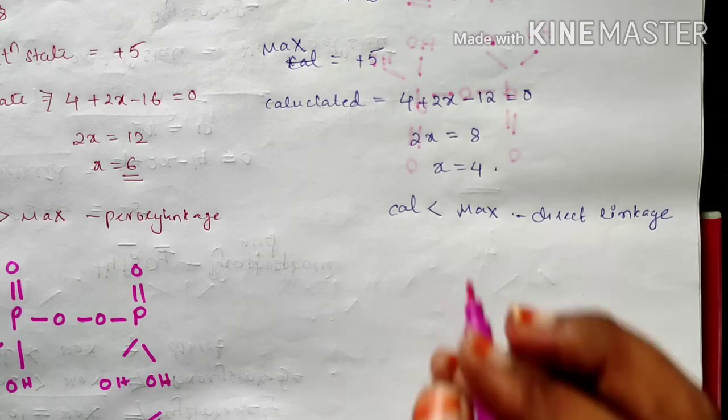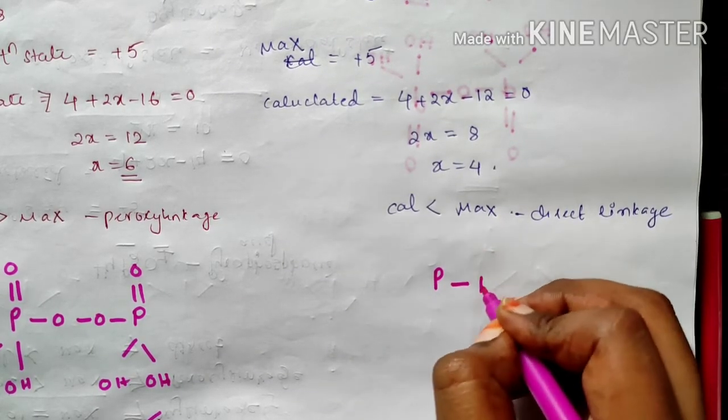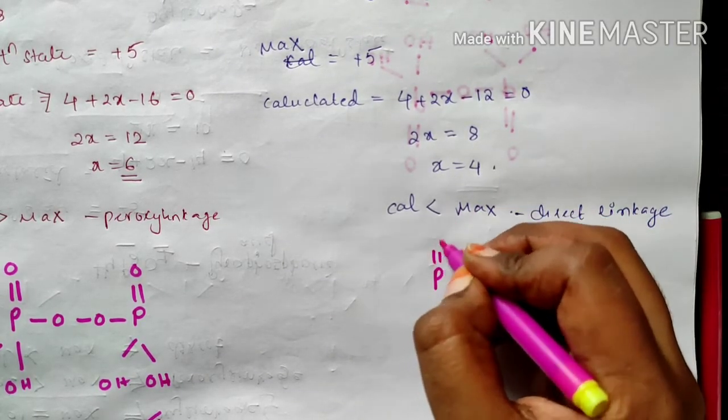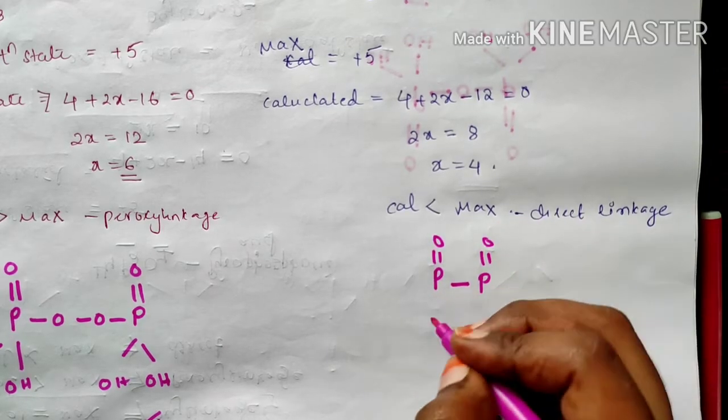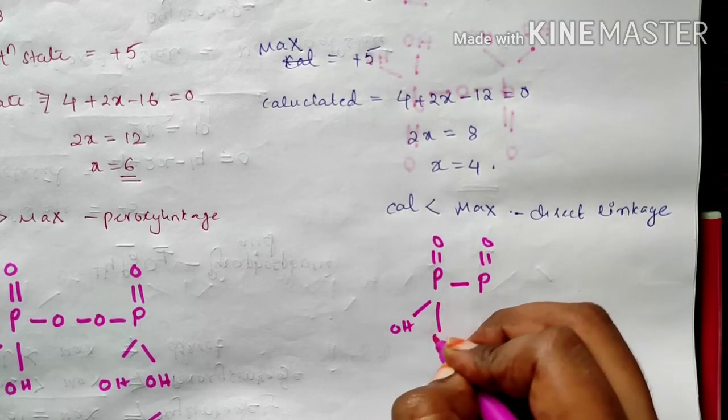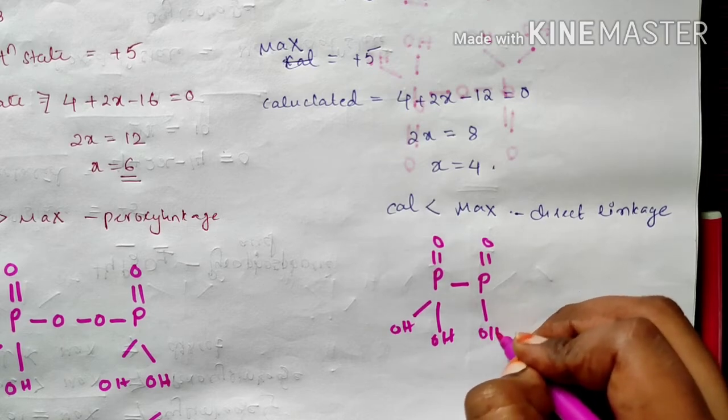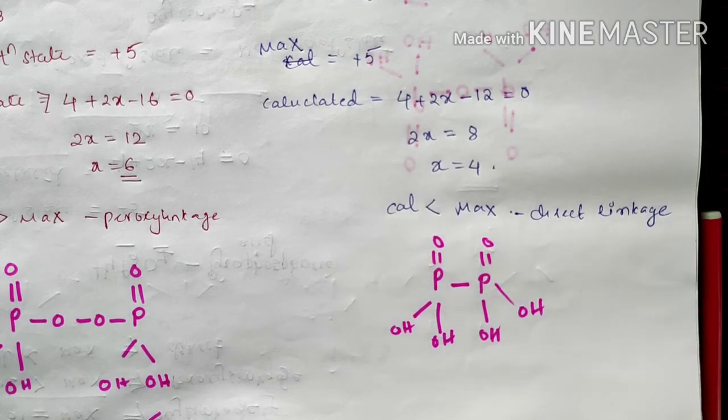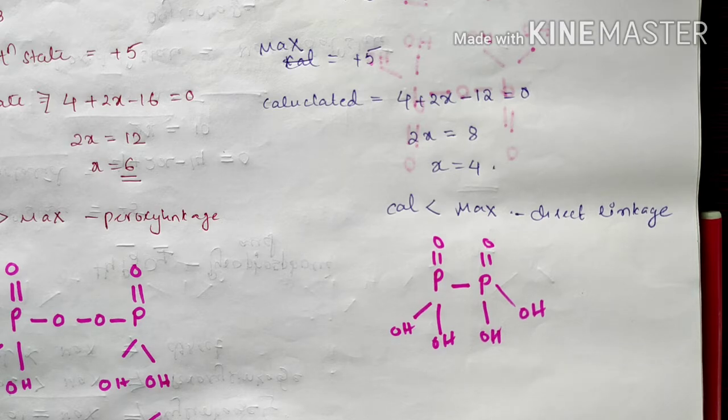The two phosphorus atoms are linked directly over here. So we have an example of each: direct linkage, oxy linkage and peroxy linkage. This will be an easier manner to check which linkage is there in a particular oxo acid.